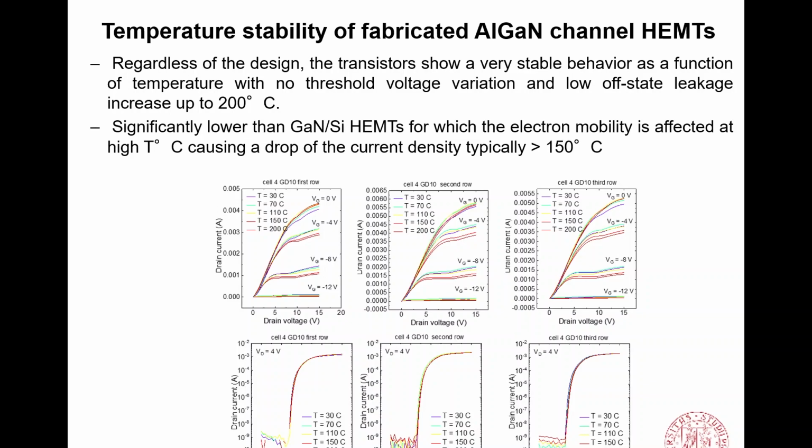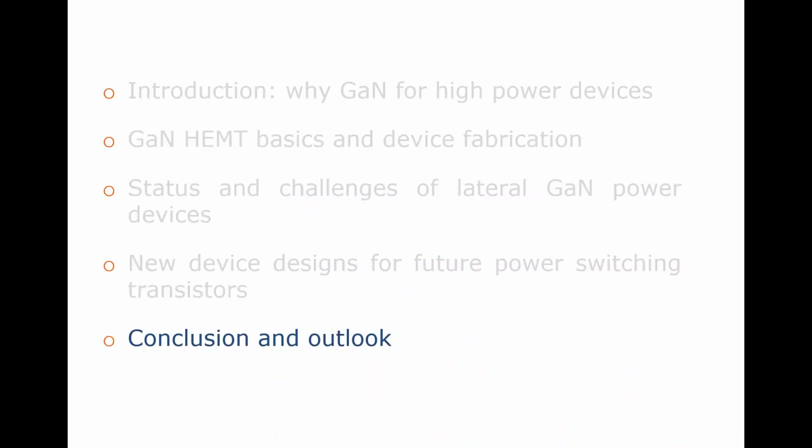People forget that the gap also provides you independence in the temperature behavior. And that's what you see here. You can go to 200 degrees C and have almost no change in the on-state and in the off-state. This has been measured by partners, not our results, so that has been verified elsewhere. I think that's really a strength and asset of this technology.